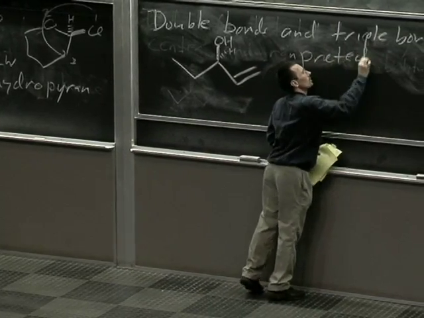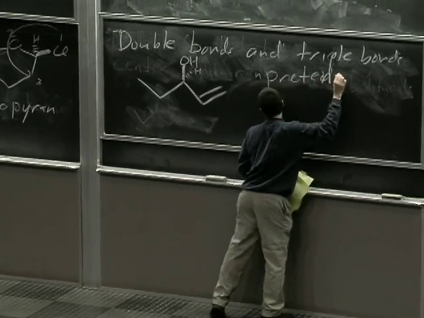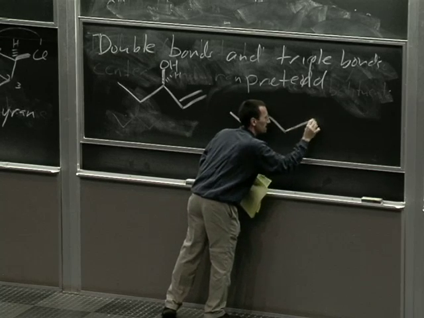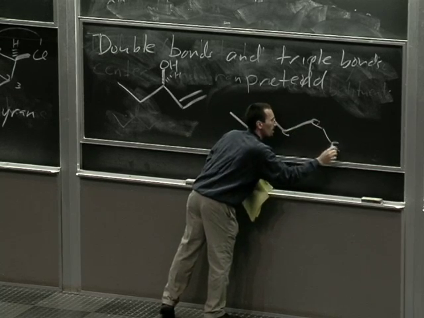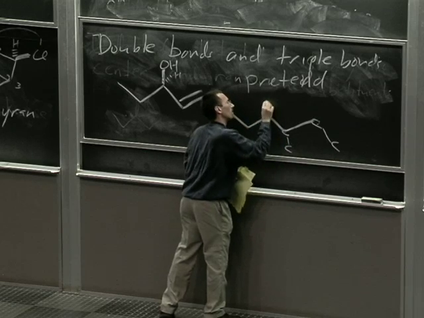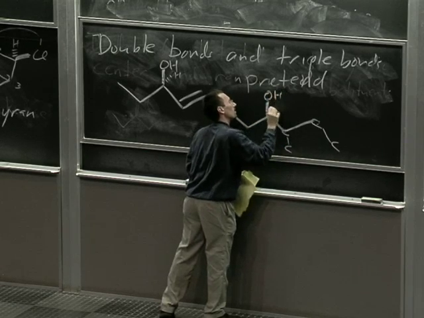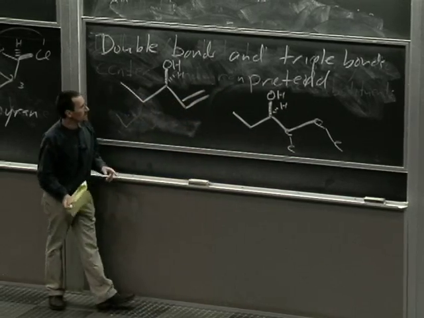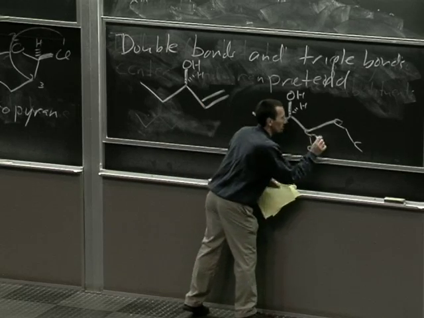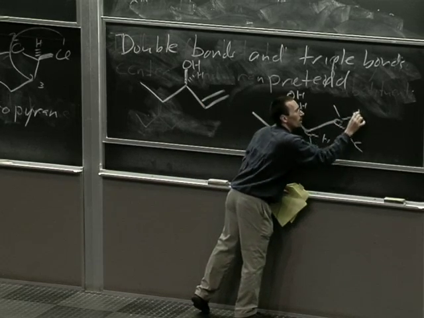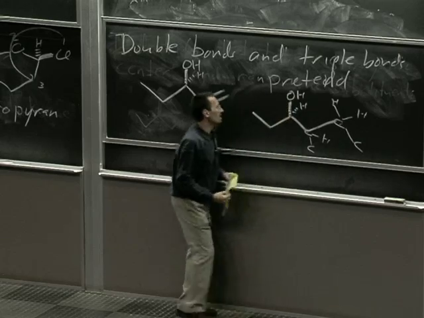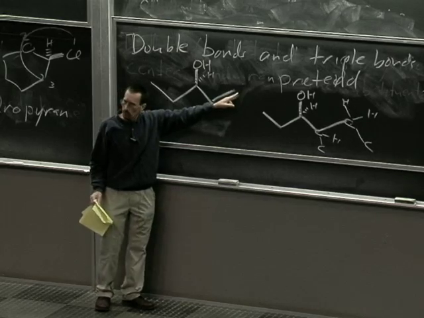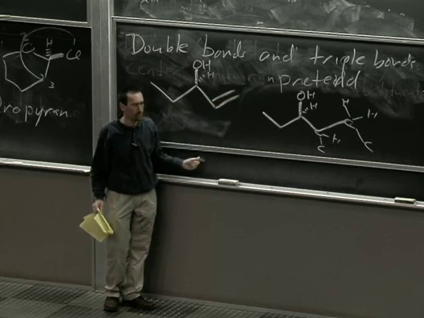So what we're going to do is pretend that our structure is like this. All I've done is draw in the hydrogens too. All I've done is to say a double bond counts as being bonded to not one carbon, but two carbons.